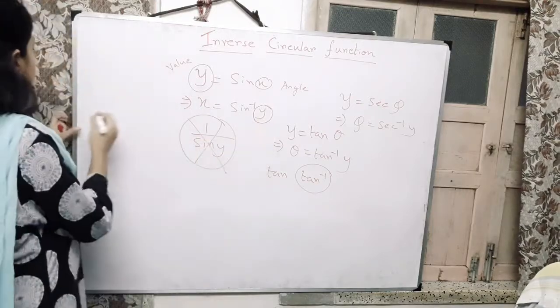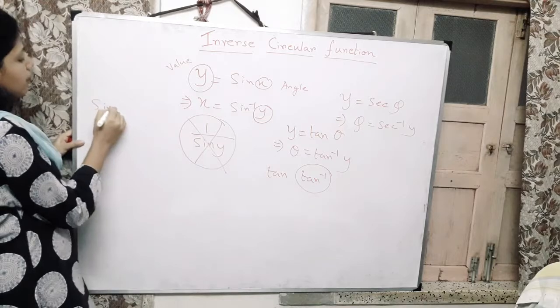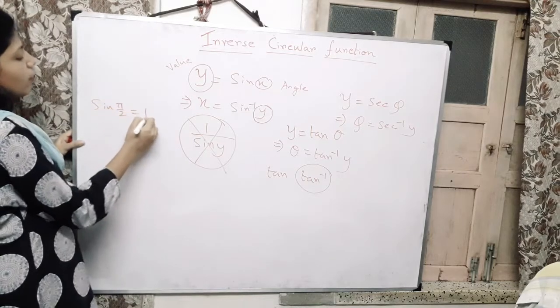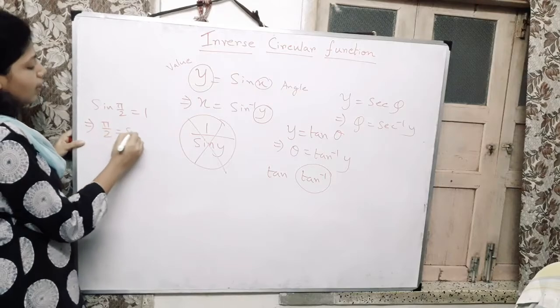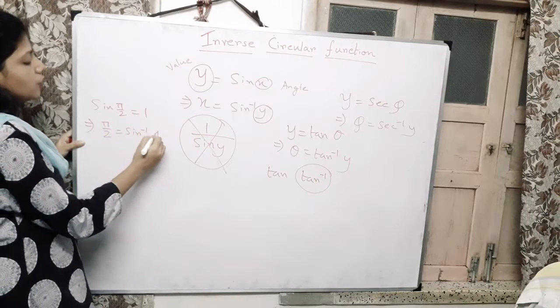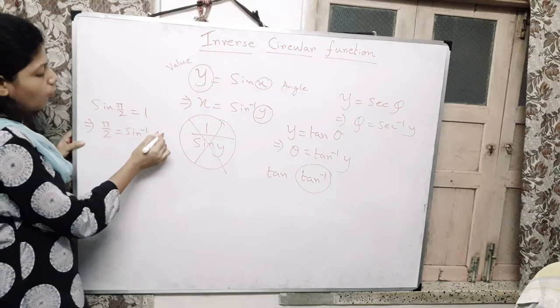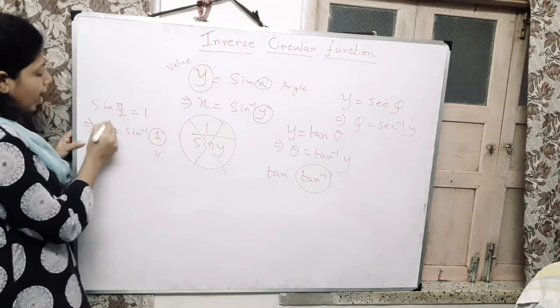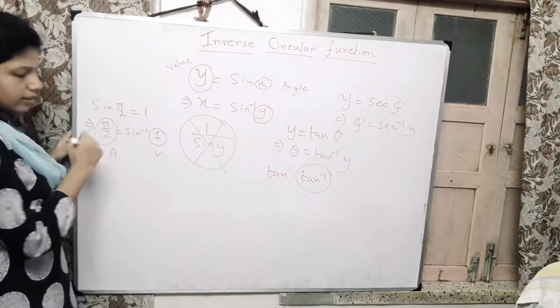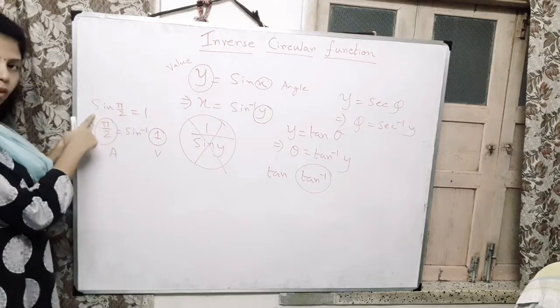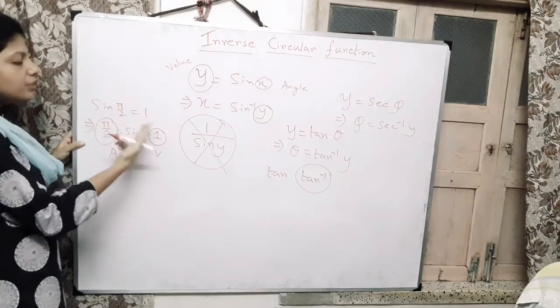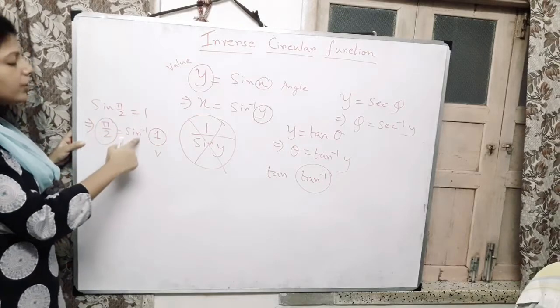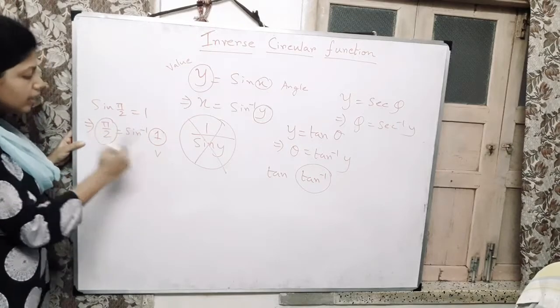If sin pi by 2 equals 1, that means pi by 2 equals sin inverse 1. Now see, 1 is the value here and pi by 2 is the angle here. That is the difference. Sin operates on an angle and gives some value; just the reverse of that, if I operate on some value, I will get some angle.